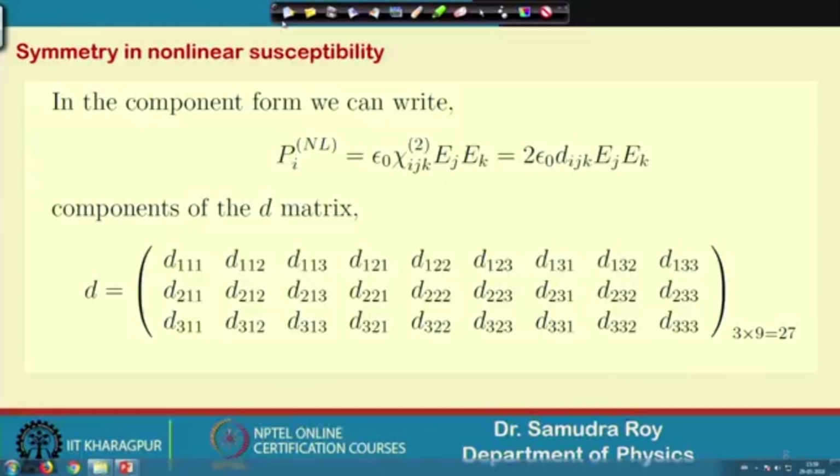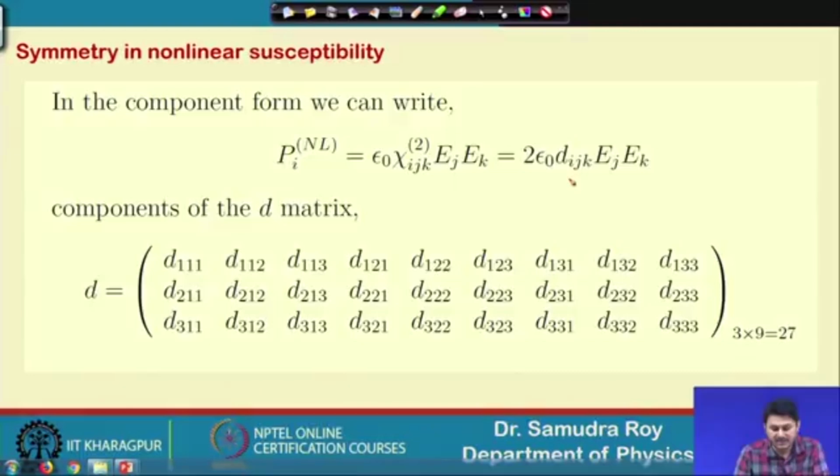Now, the question is, if we have chi ijk here in terms of the d matrix, this is 2 epsilon 0 d ijk. So, how many d components are there? Now, if I calculate ijk, there are 3 components. For each one, say i and j fixed, the k component can vary from 1 to 3.